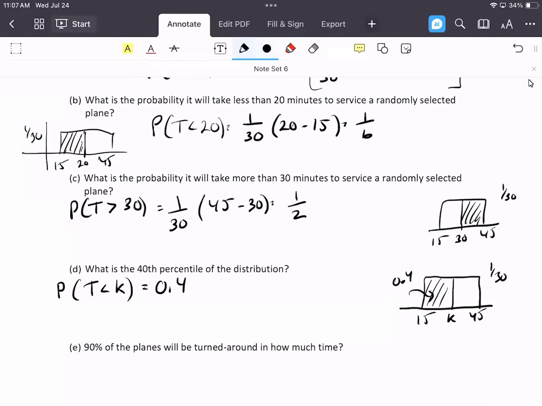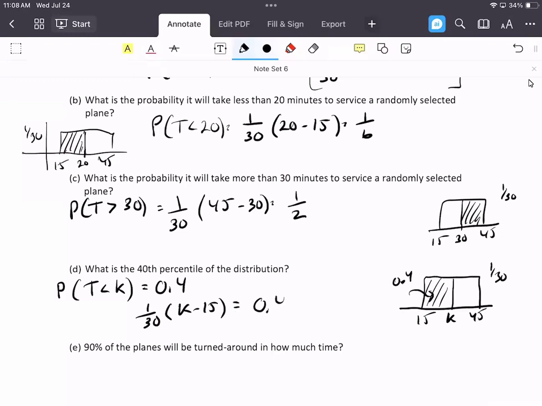Okay, can I find that area under that curve? Sure. I know I'm going to take the height times the base, which is K minus 15. This is why I suggest doing a quick drawing, because sometimes students will not be sure whether it's 15 minus K or K minus 15, and it does make a difference.